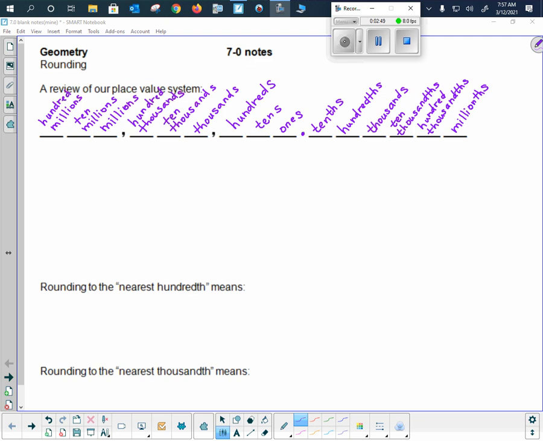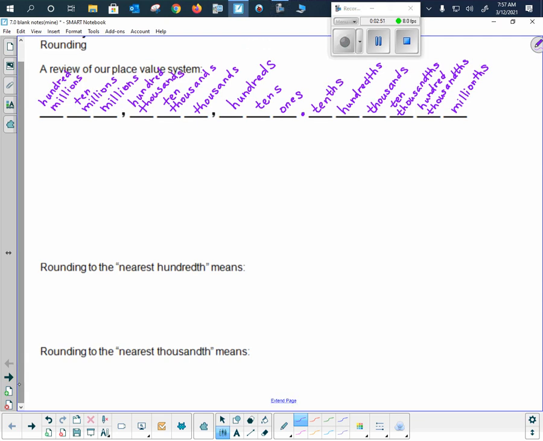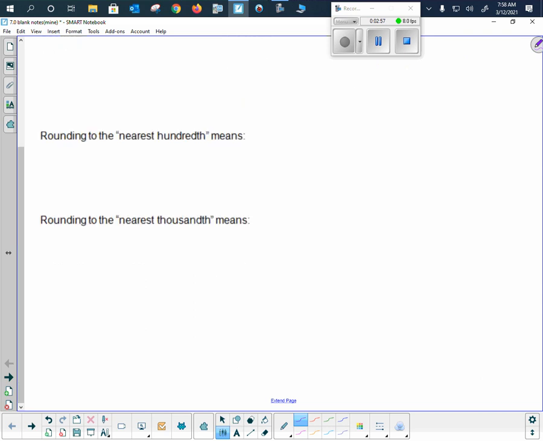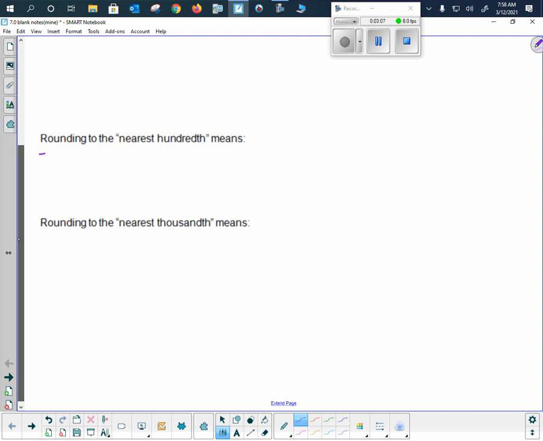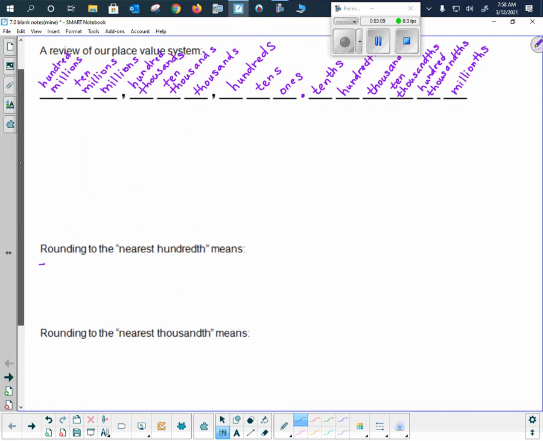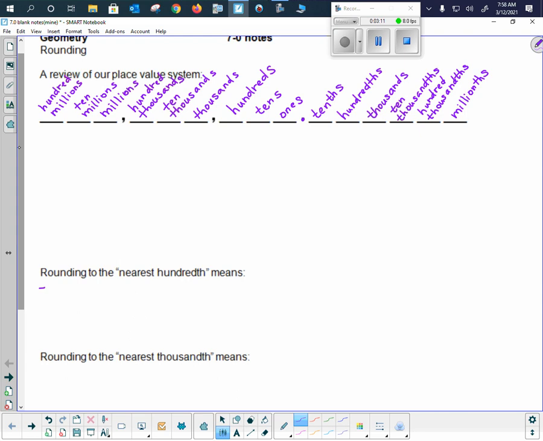Okay, so then let's talk about what it really means when we say rounding to the nearest hundredths. A few things that you want to know. If you go back and look at hundredths, that is 2 places after the decimal point, right?